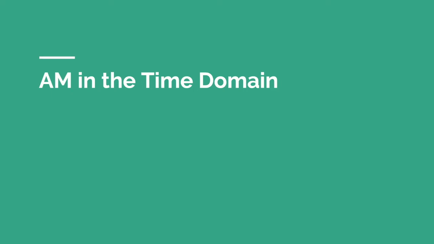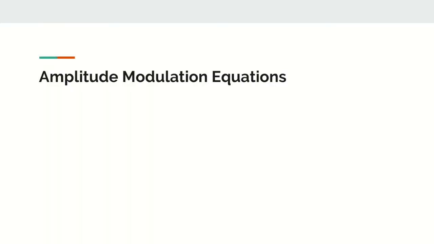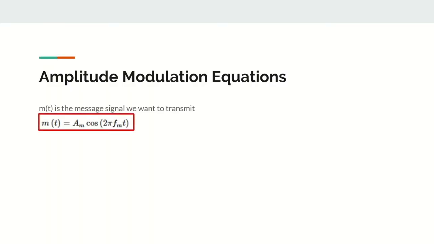Okay, so first we're going to do an in-depth analysis of amplitude modulation in the time domain. First, we're going to set up our basic equations. M of t is going to be our message signal, where it is, of course, a sinusoid, and the AC is going to be the amplitude of our carrier signal, and the cosine is going to be the frequency.